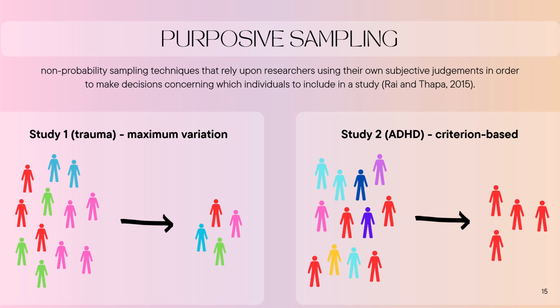In the visual here, each coloured figure could represent a different level of teaching experience, like pink could be 1 year, blue could be 2 years, and so on. The aim would have been to include one of each to ensure a wide spread of views. Whereas in study 2, the researchers used criterion-based sampling, meaning all participants had to meet specific conditions. So in the illustration, only the red figures would meet the criteria, so others would have been excluded from the sample.